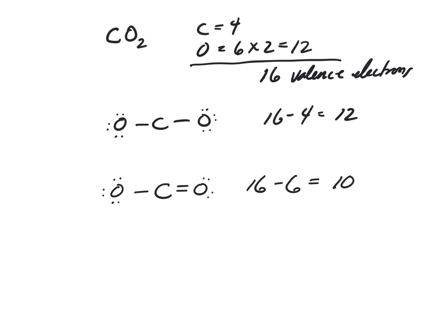Okay, well, that's fine. We've got an octet around the oxygen here, and another octet around this oxygen, but we've only got 6 electrons around this carbon. Let's try 2 double bonds and see what happens.